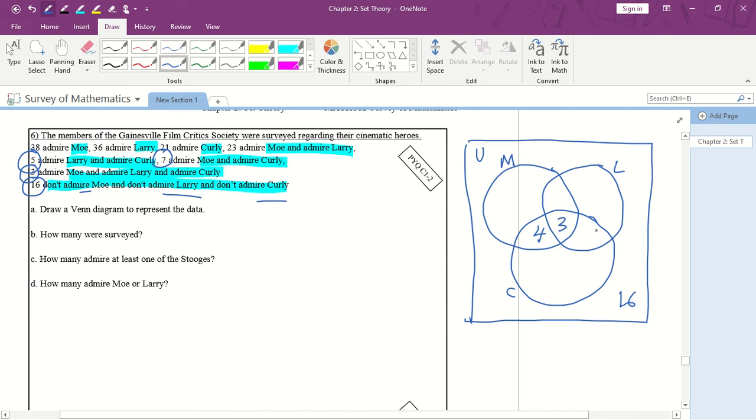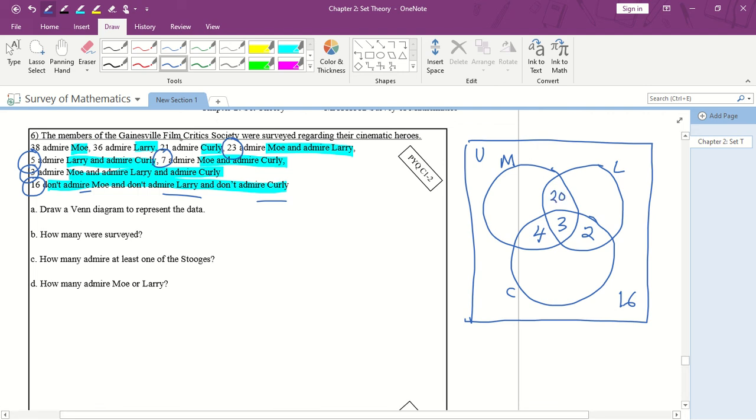So 5, which means this is 2, because 3 plus 2 here is equal to 5. And here says 23 admire Moe and Larry. So it's this big region, 23, which means here have 20. 20 plus 3 is 23 here.